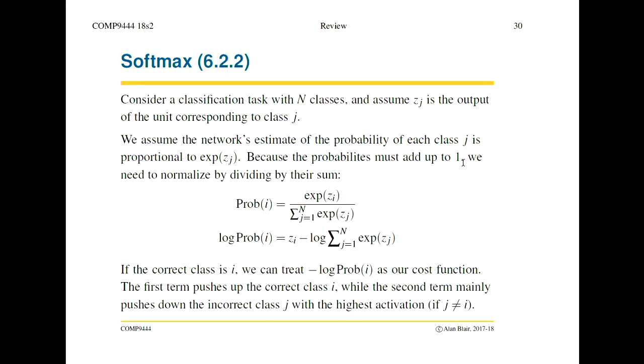It's always nicely balanced: it increases the correct output by a certain amount, and it decreases all the other outputs by amounts which add up to this. So the increase and the decrease always balance each other out. If you add up all the decreases, it corresponds to the one increase. And the decreases are proportional to the size, so if there's a wrong answer that's got a very large output, then that's the one that gets reduced the most.